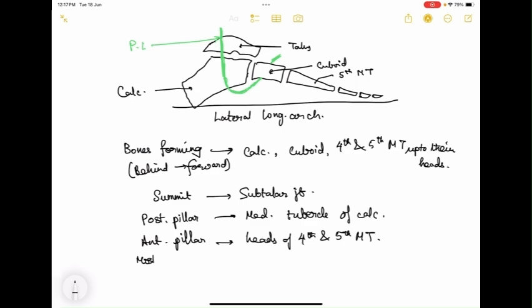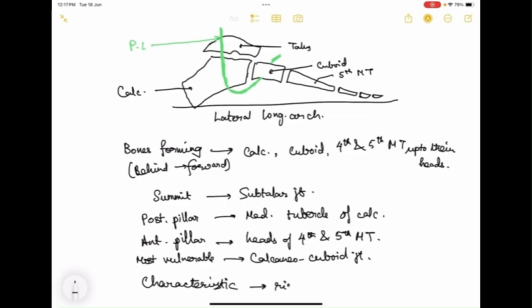Most vulnerable part, calcaneo-cuboid joint. What is the characteristic of this arch? Rigidity.